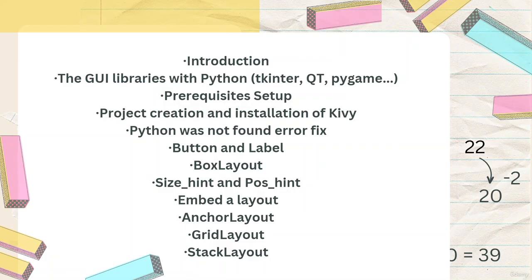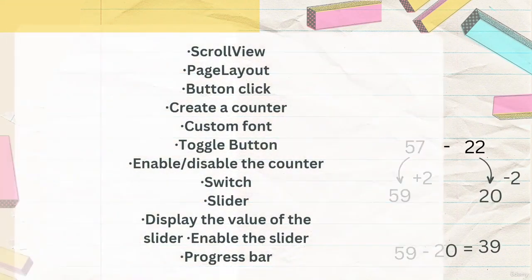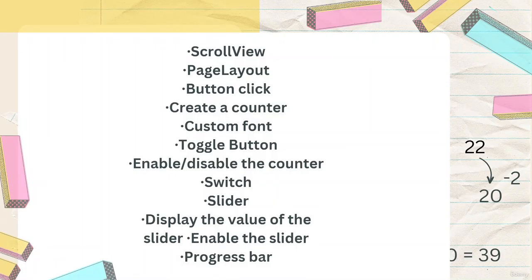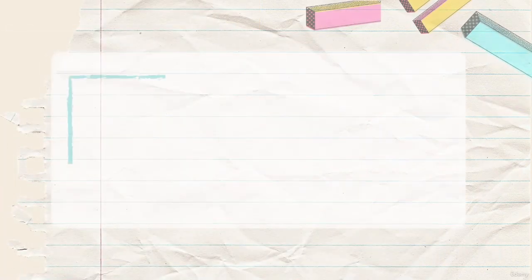Prerequisite setup, project creation and installation of Kivy, Python was not found error fix, button and label, box layout, size hint and pos hint, embed a layout, anchor layout, grid layout, stack layout, scroll view, page layout, button click, create a counter, custom font, toggle button, enable or disable the counter, switch, slider, display the value of the slider, enable the slider, and progress bar.